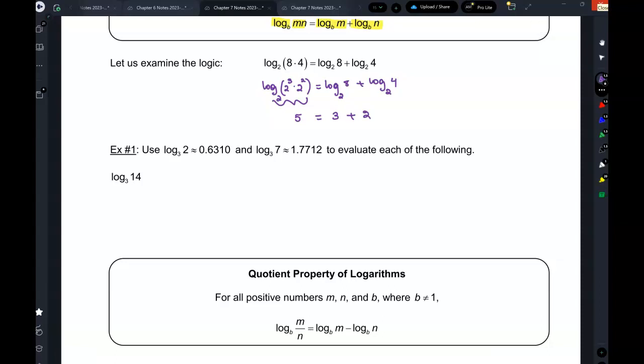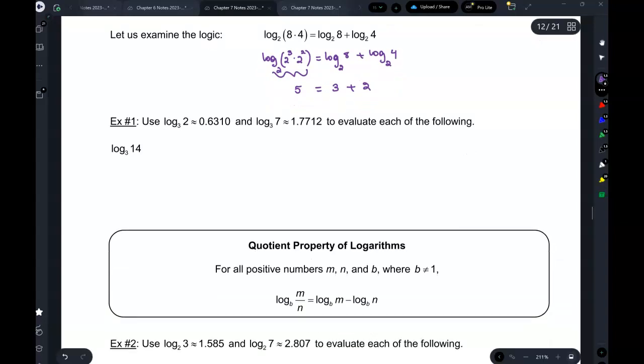Take a look here. We are given that log base 3 of 2 is this. Somebody did it on their calculator and they told us. Log base 3 of 7 is this. We have to use that information to evaluate log base 3 of 14. The first thing you have to do is write the 14 as a product of two numbers, preferably these two.